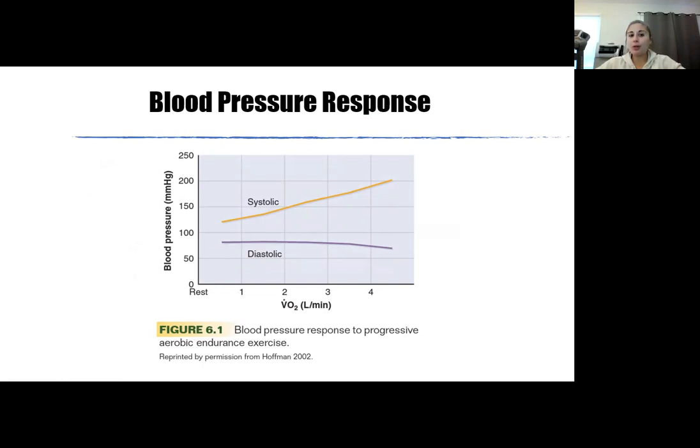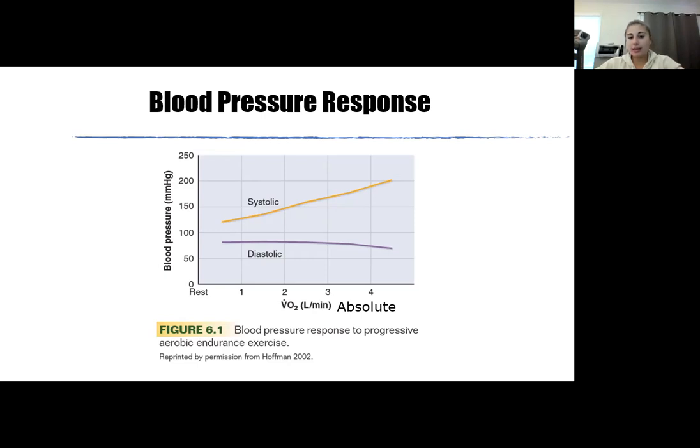That is your absolute VO2, right? That's what I mentioned earlier, which means it does not relate to body weight, so you can't really compare two individuals with an absolute number. Doesn't really matter. The idea here is that we're looking at increasing intensity, regardless of what we're measuring.